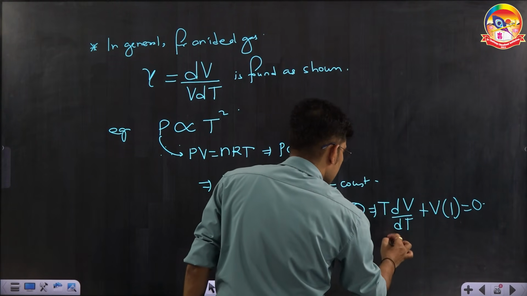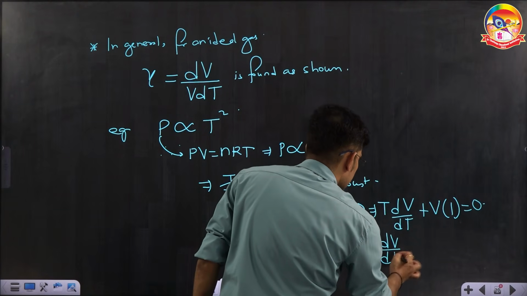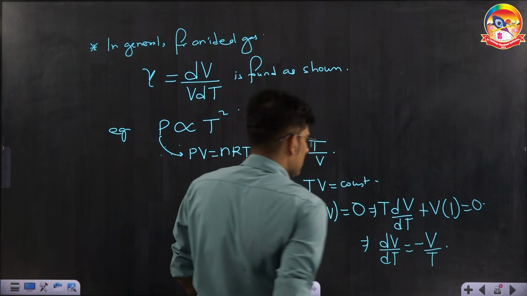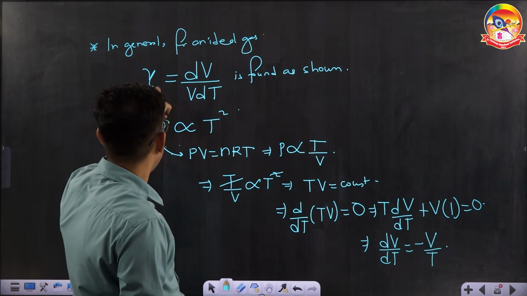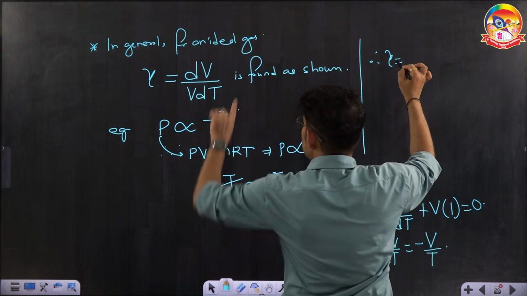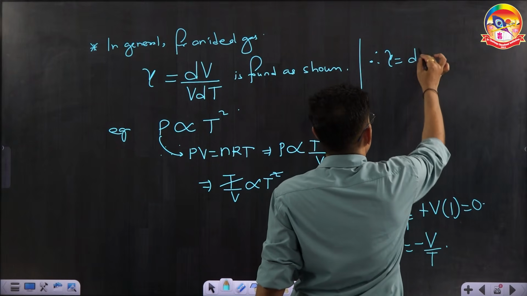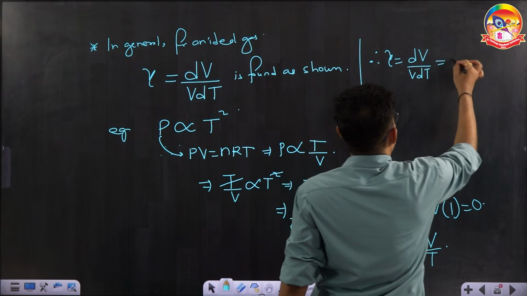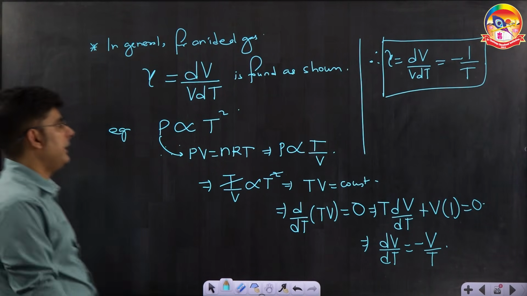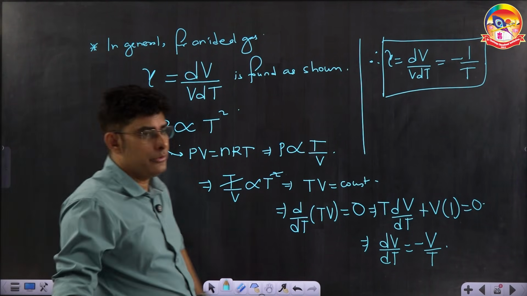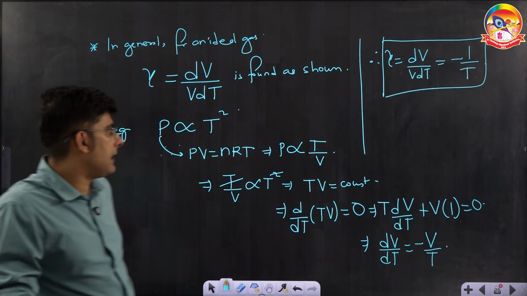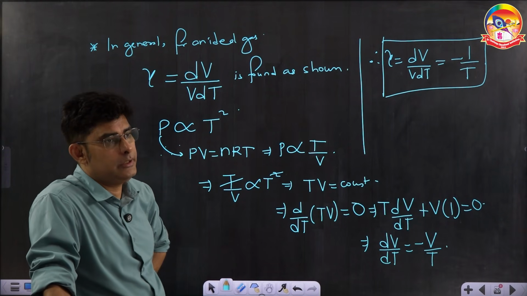So from here dV by dt can be written as minus V by T. So we are interested in finding the value of gamma. So you can see from here gamma, which is dV by V dt, this will become minus 1 by T. That's it. So in this way we can find the expansion coefficient for gases. Understood? So when we are given ideal gases, we can solve the questions in this particular way.